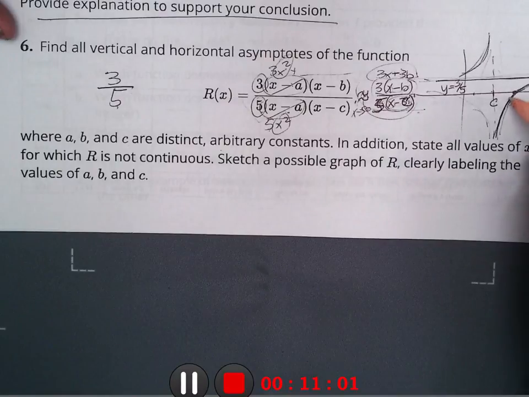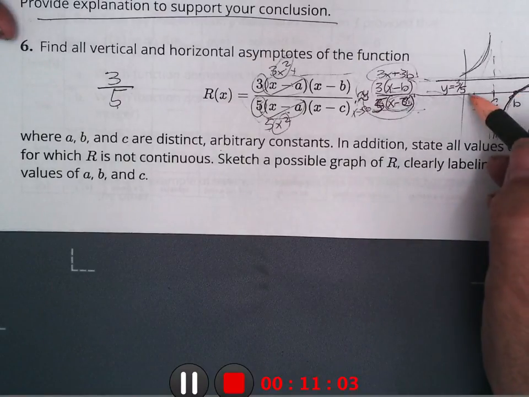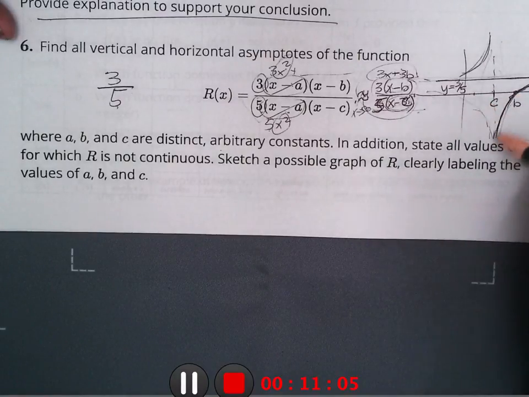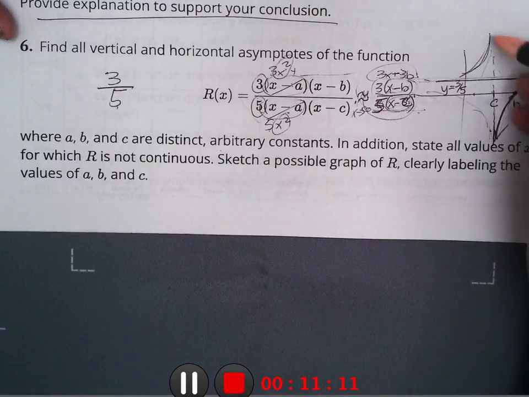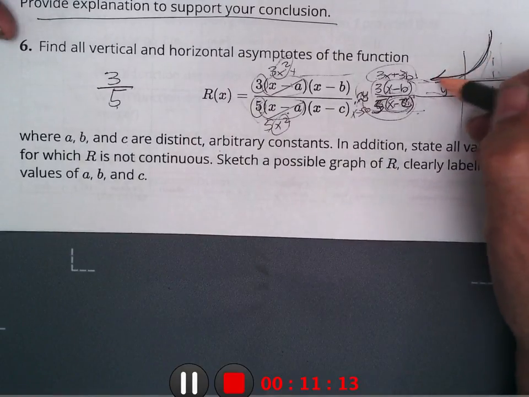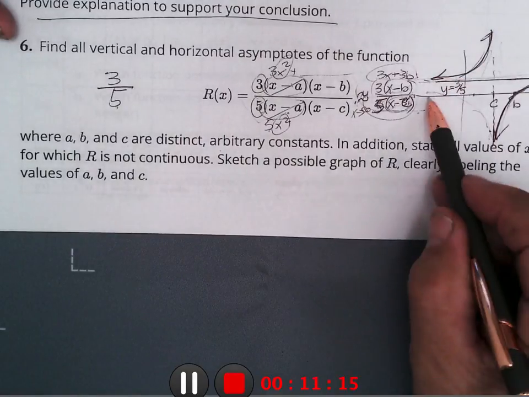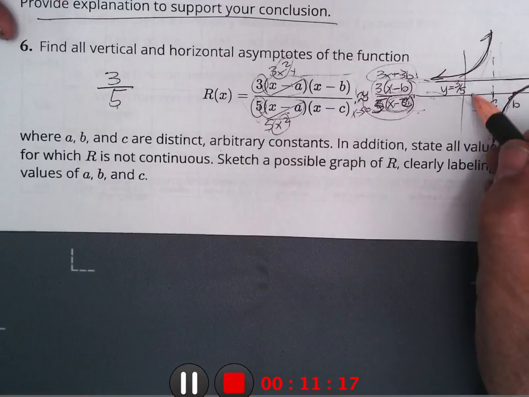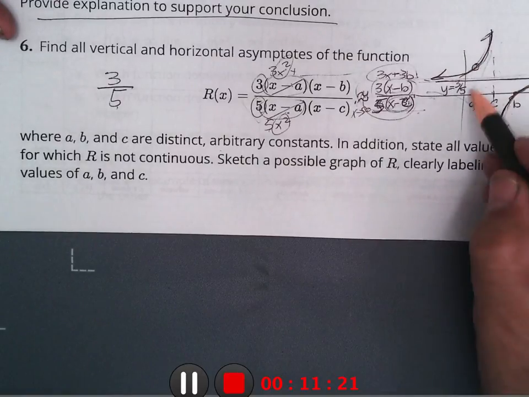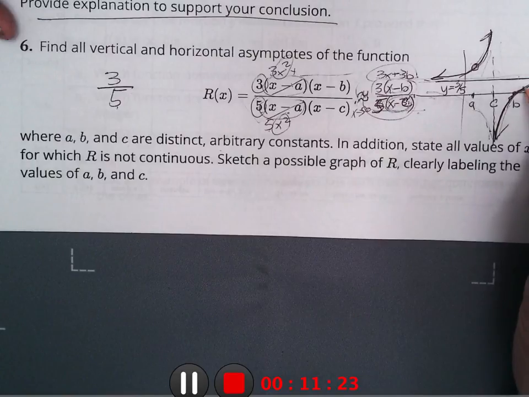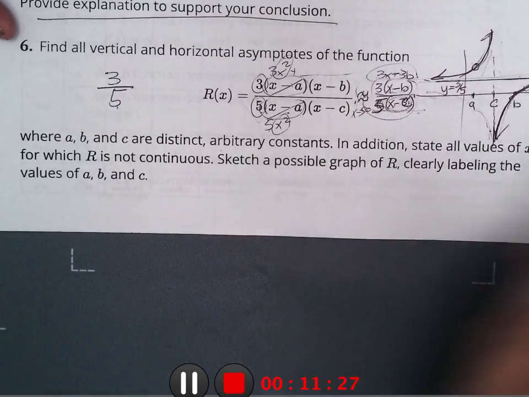If b's here, it's there, or if b's here, it's here. But then it's asymptotic to c, and it has to go in opposite directions at c. So over here, it would do something like this. And wherever a is, if a was right here, there would be a hole in the graph at a. If a was over here someplace, there would be a hole in this part of the graph. And that's how this one works.